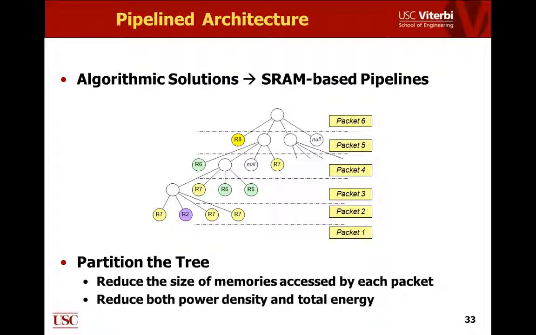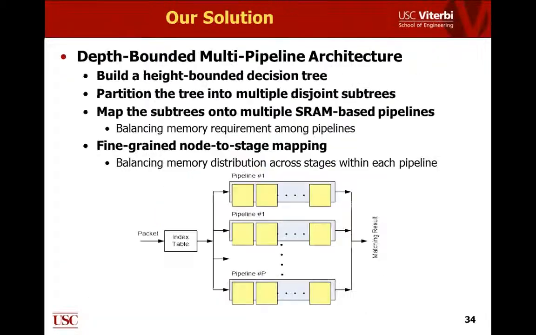That gives you very high clock rates, very high throughput from the implementation point of view here. And then I will talk about some of the partitioning problems that come into the picture.